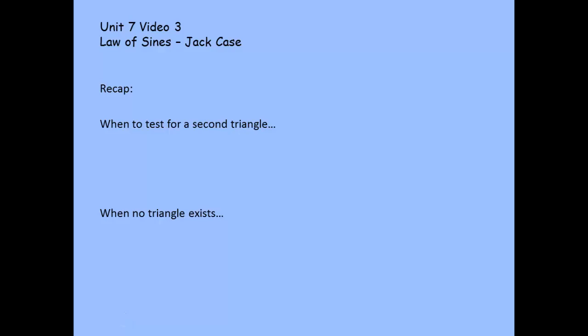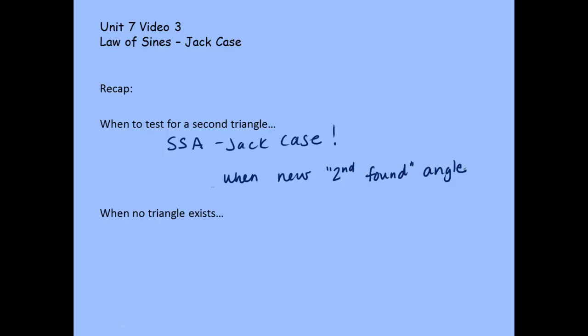All right, recap. When do you test for a second triangle? You are always going to check for a second triangle in the SSA case. You will find a second triangle when the new second found angle completes 180 degrees.